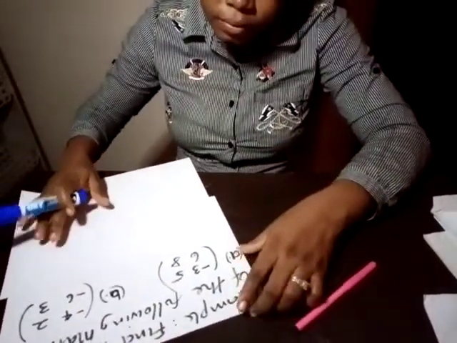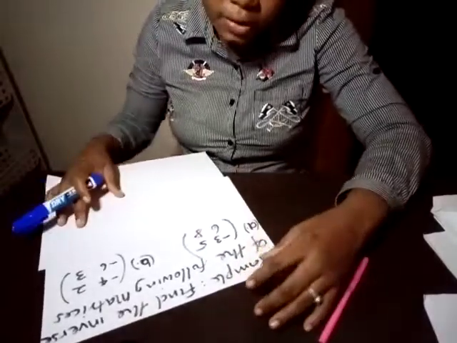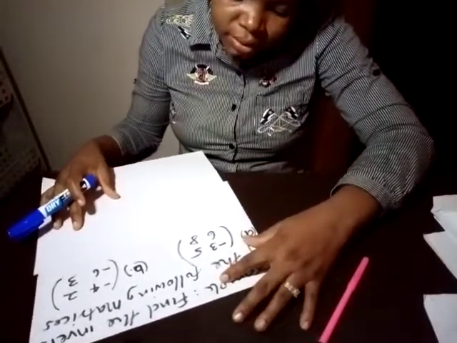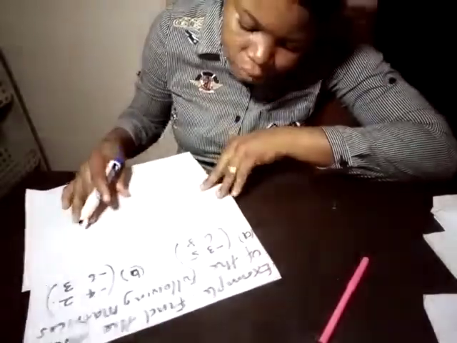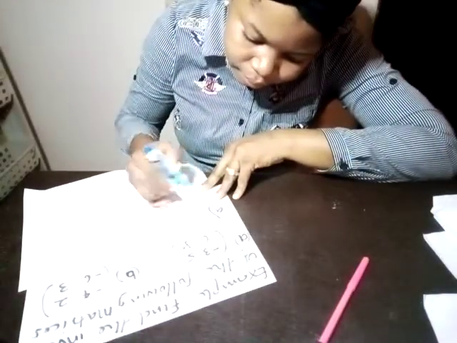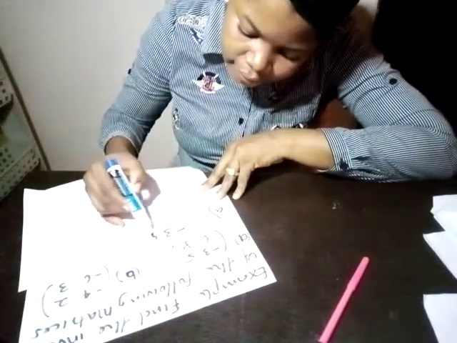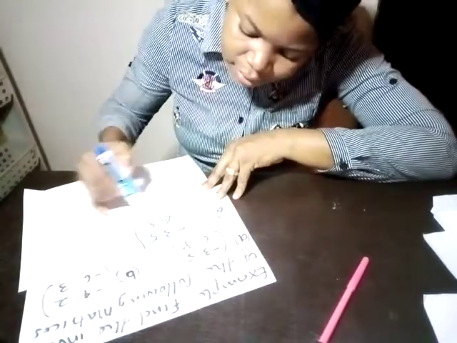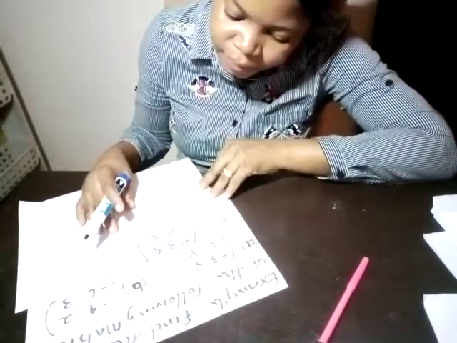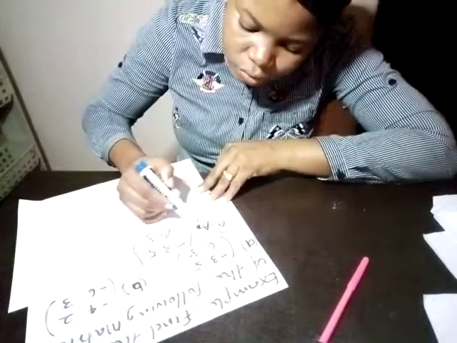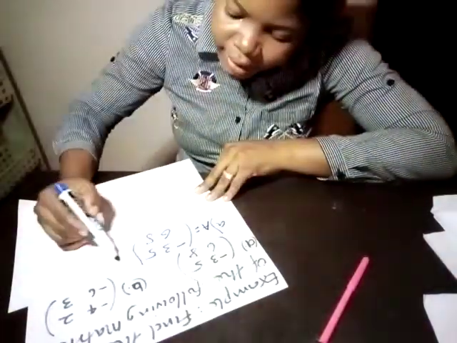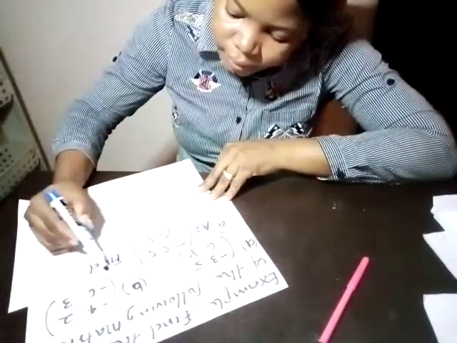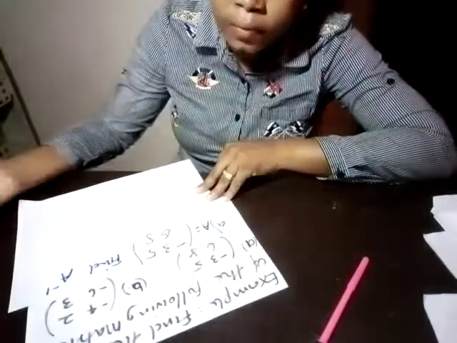Now, we want to find the inverse of the following matrices. The first one, we want to find the inverse of minus 3, 5, 6, 8. So let's say A is equal to this. So we want to find A inverse.